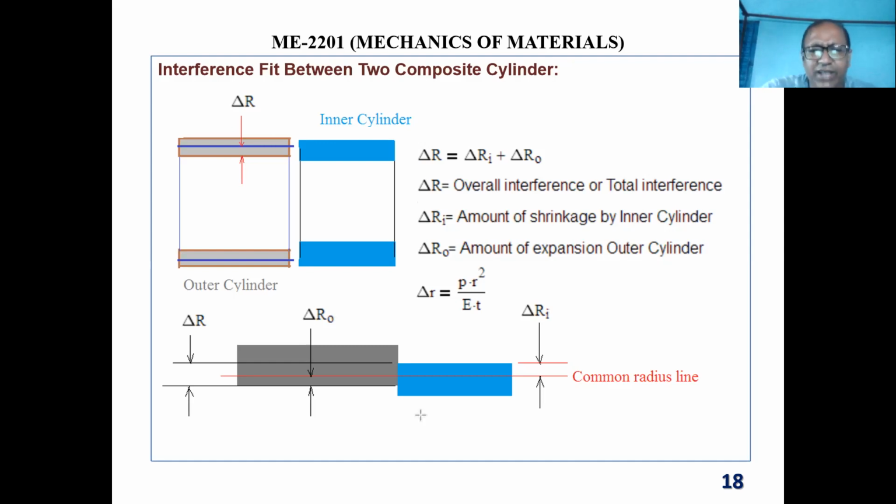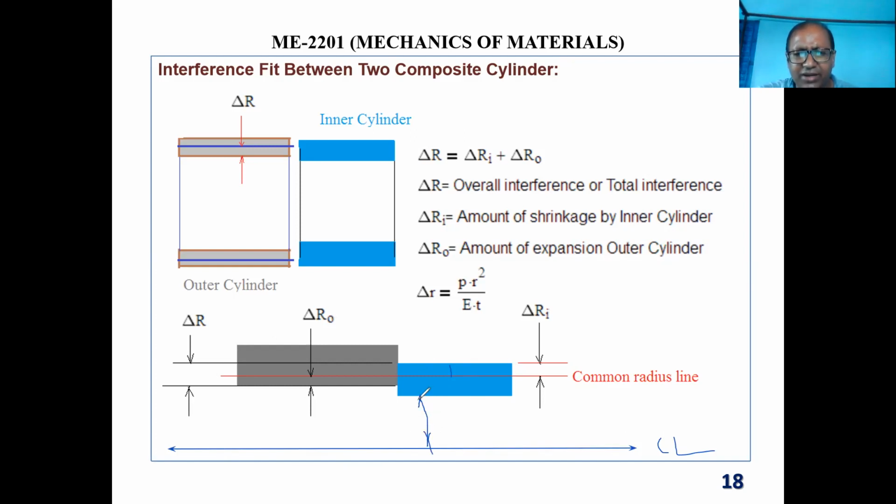So you see right over here, think of this as the center line of the inner cylinder and outer cylinder. Initially, the inner cylinder's radius is this much.